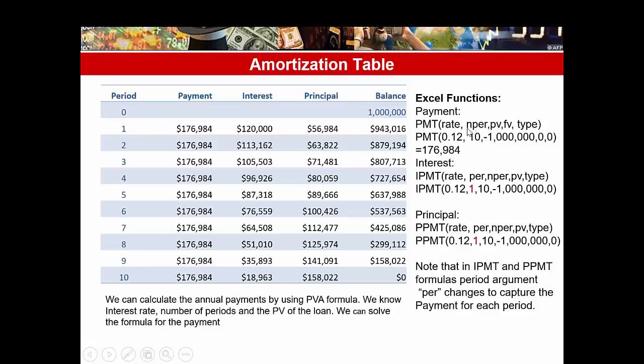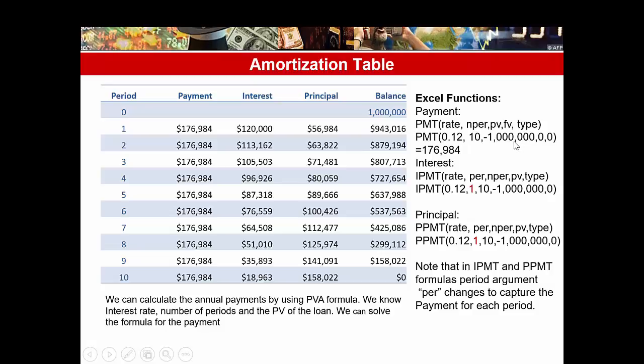The arguments in the function are interest rate, which is 12%, number of periods, that is the maturity of the loan or the length of the loan, which is 10 years. Present value here represents the loan amount. In this case, we will use a minus figure.